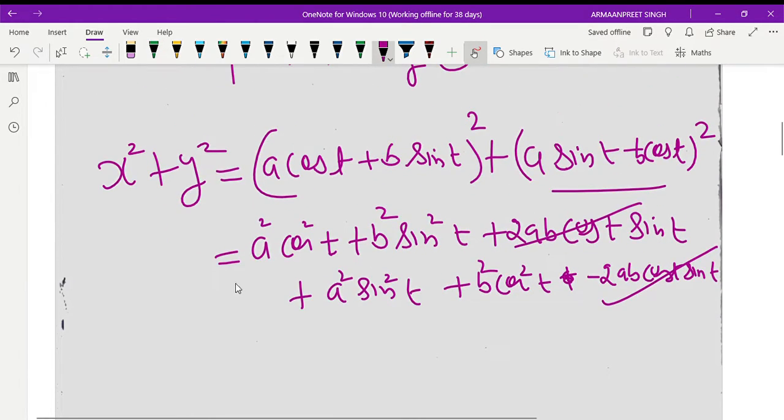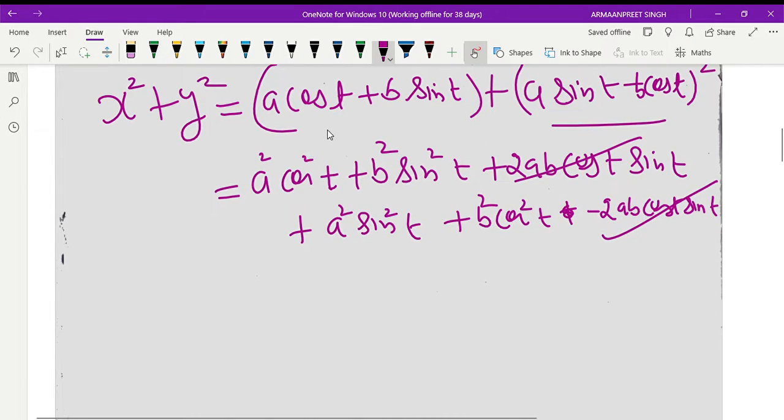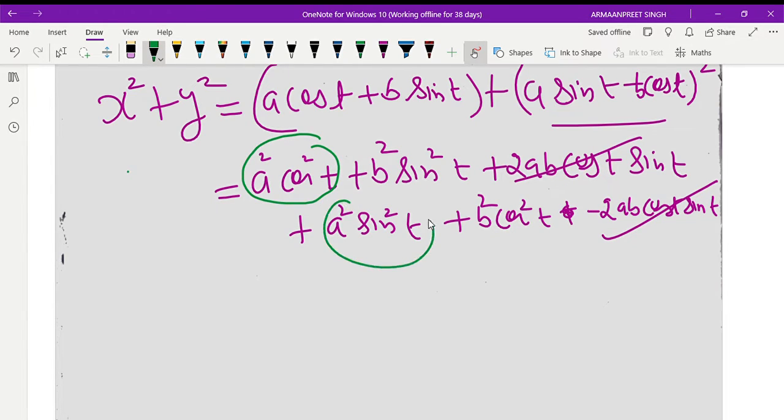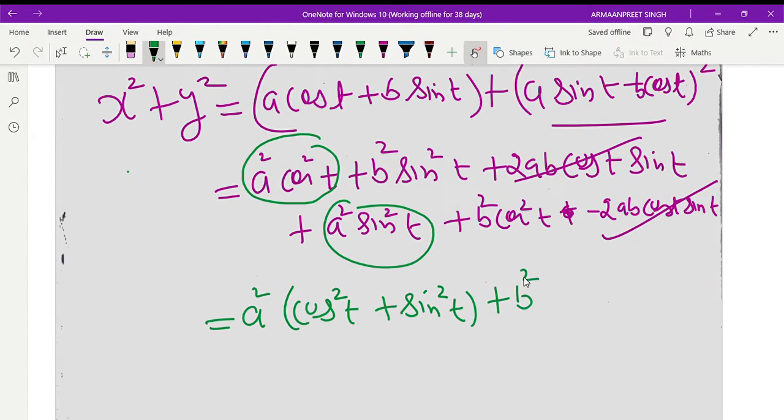Now take a square common from this term and from this term. So a square common, cos square t plus sin square t. Now take b square common from this term and this term, sin square t plus cos square t.